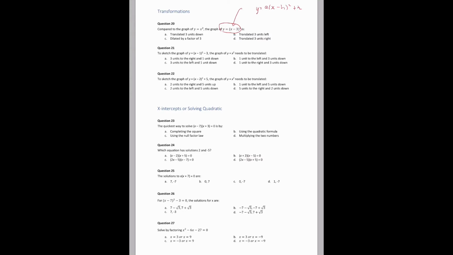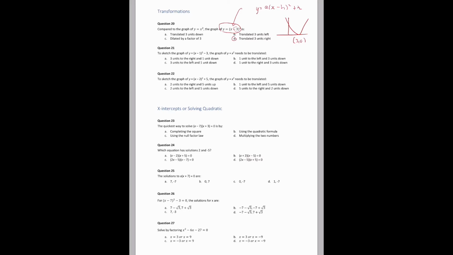Because it's a -3, that would indicate the transformation is that it's translated 3 units to the right. If you were to graph this out, your graph would look something similar to this, with (3, 0) as your turning point. So it's moved 3 units to the right. So D would be the correct answer.